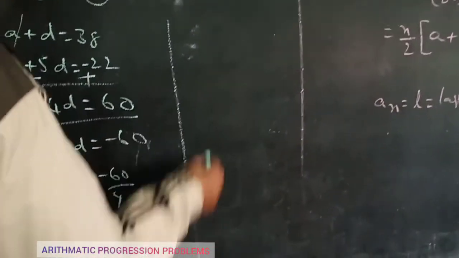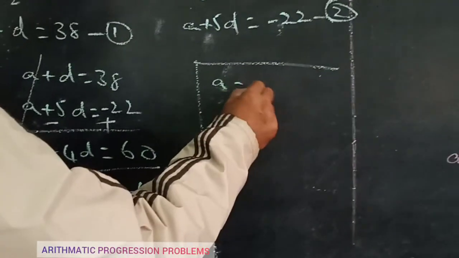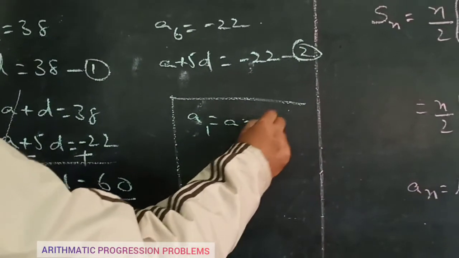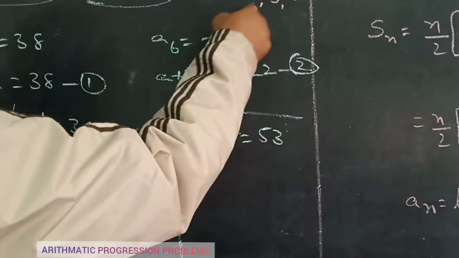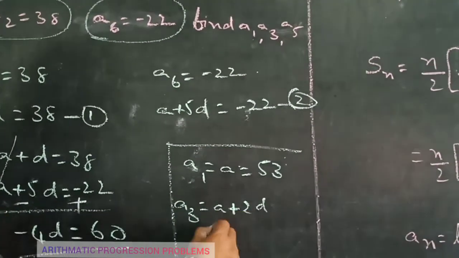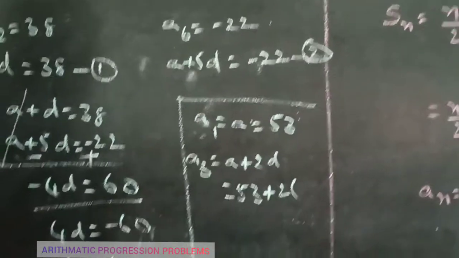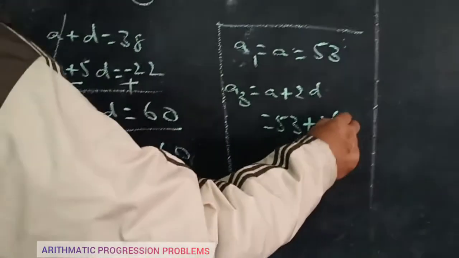Then find the required values. a1 is equal to 53. Then a3 equal to a plus 2d, 53 plus 2 into d, where d is equal to minus 15.